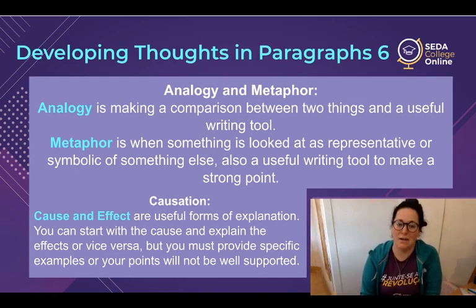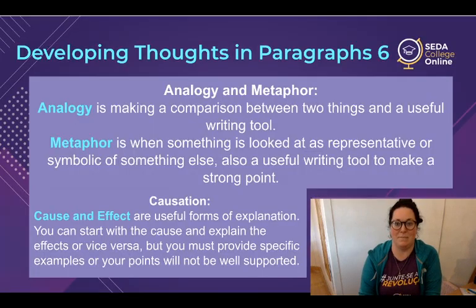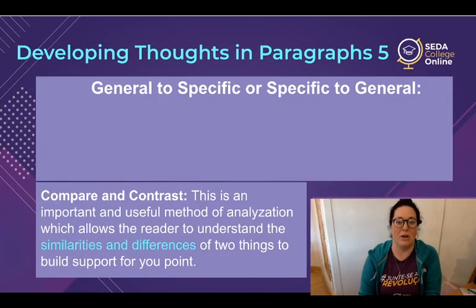All right, awesome. So now it's all about you guys trying, all right? You try. You take your topic sentence, and you're going to try some of these methods. So I'm going to go back.